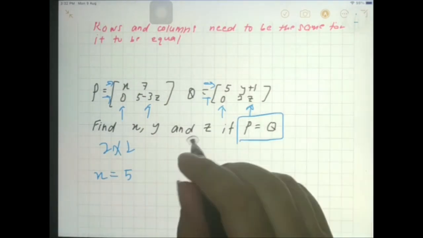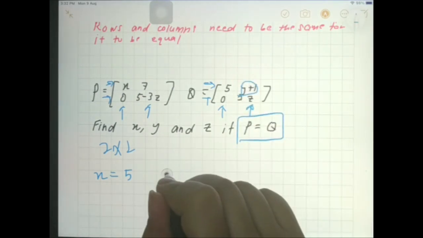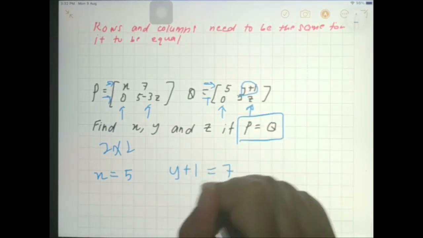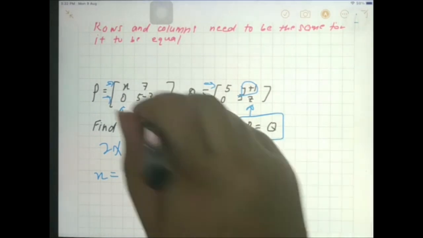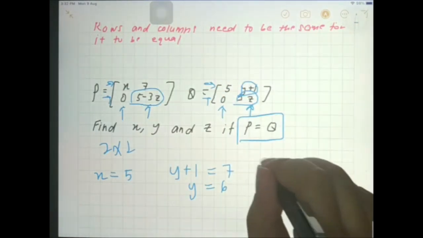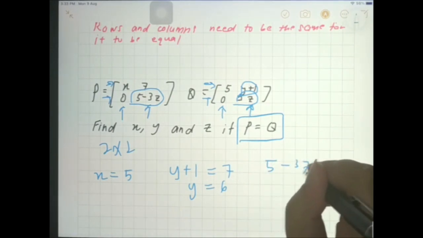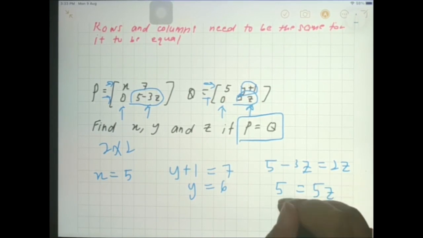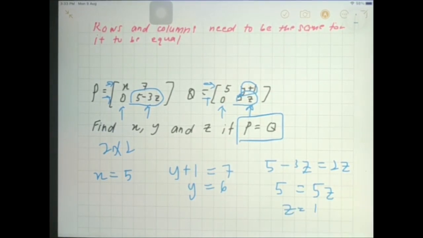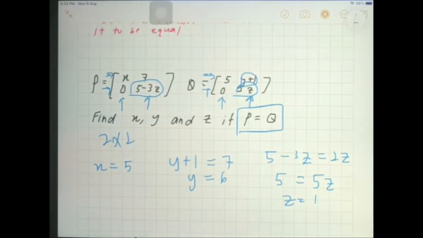Let's look at Y. The corresponding element is 7. So Y plus 1 equals 7, Y equals 6. And let's look at Z. Corresponding elements: 5 minus 3Z equals 2Z. 5 equals 5Z. Z equals 1. Okay? Easy enough, right? It's not hard.